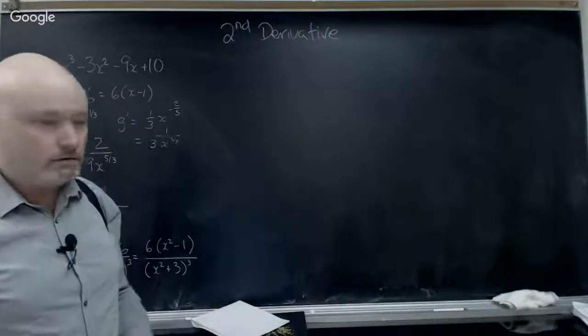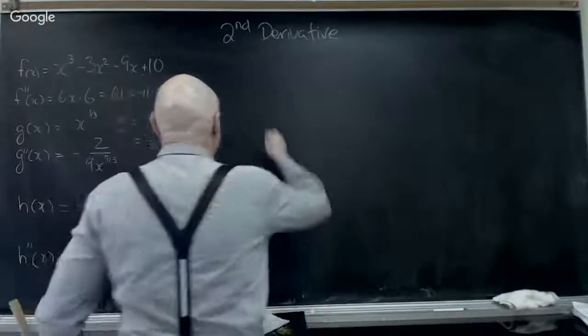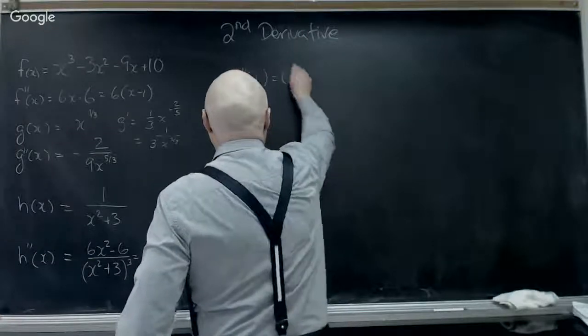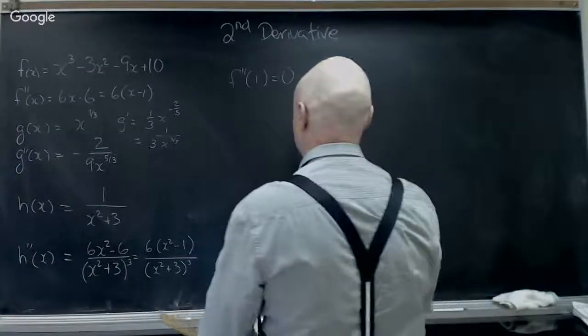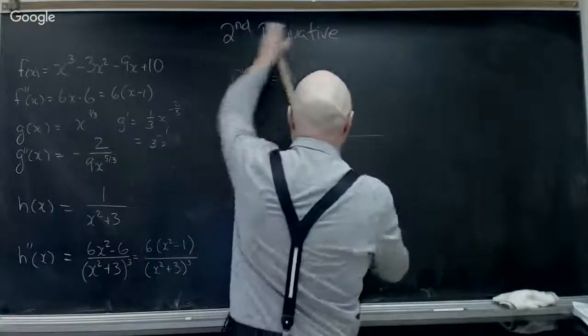All right, so something exciting is going to happen when x is equal to 1. The second derivative when x is equal to 1 is equal to 0. And so we'll just make a little interval table here.